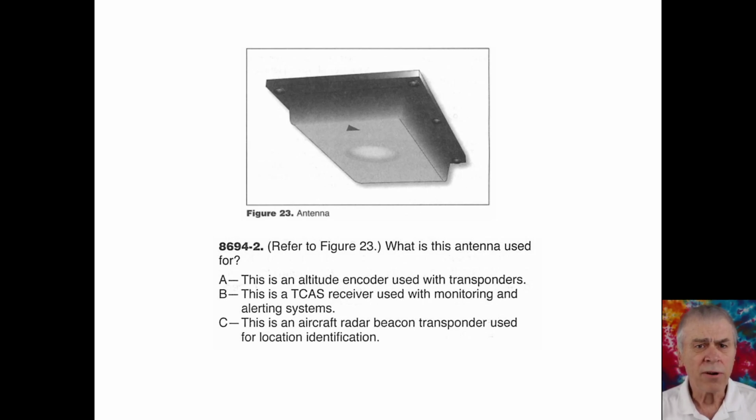Or C, an aircraft radar beacon transponder used for location identification. Just because it was the answer of the last one, I'm going to eliminate C, but it also clearly doesn't look like one of our transponder antennas. That would leave altitude encoder used with transponders or a TCAS receiver.